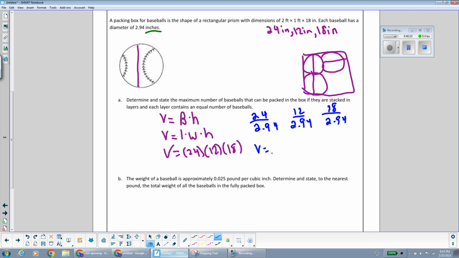I got approximately 8.16. Let me divide 12 divided by 2.94. It's approximately 4.08. And let me divide 18 by 2.94. And that's approximately 6.12. So let me multiply these together.